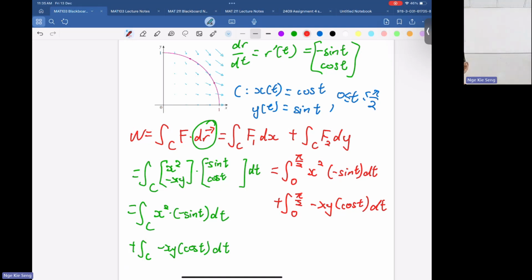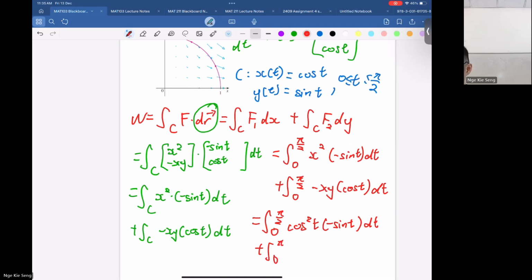Make everything into t before you do the integration.